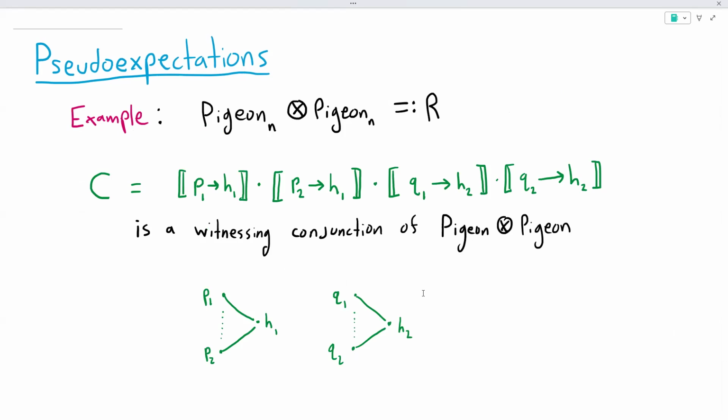A witnessing conjunction here would be the conjunction that asserts that pigeon 1 maps to hole 1, pigeon 2 maps to hole 1, pigeon Q1 maps to hole 2, and pigeon Q2 maps to hole 2. Namely, it has found a solution to pigeon squared, this conjunction. So for any conjunction like this, it should be evaluated to 0 under a pseudo-expectation for pigeon squared.